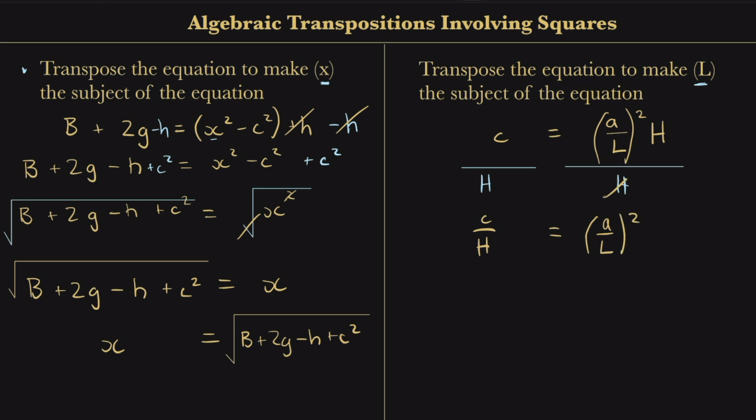And these two are just cancelling each other out. Now next step is we will do square root of that and square root of that, because we want to get rid of this 2 here, squared.